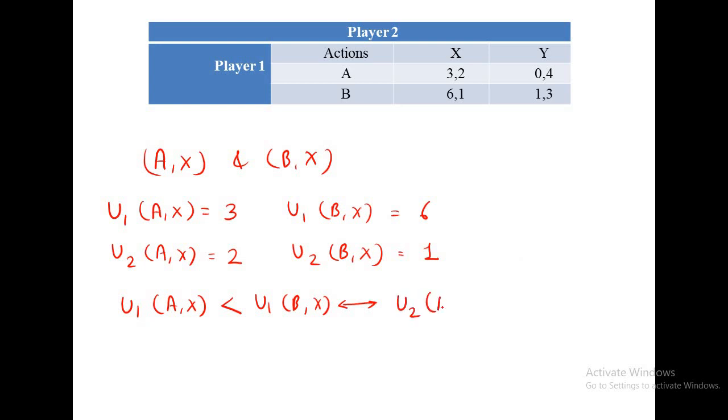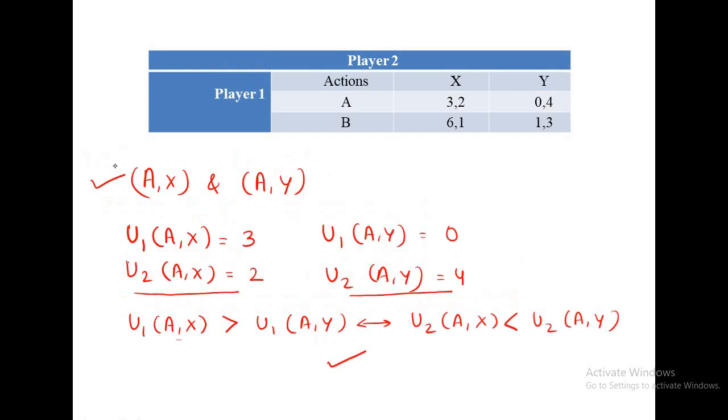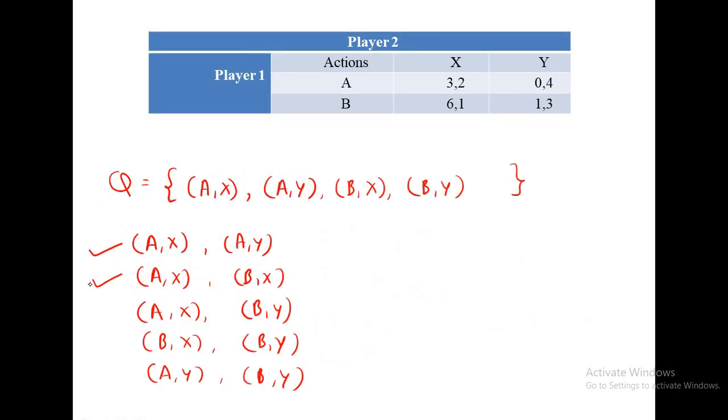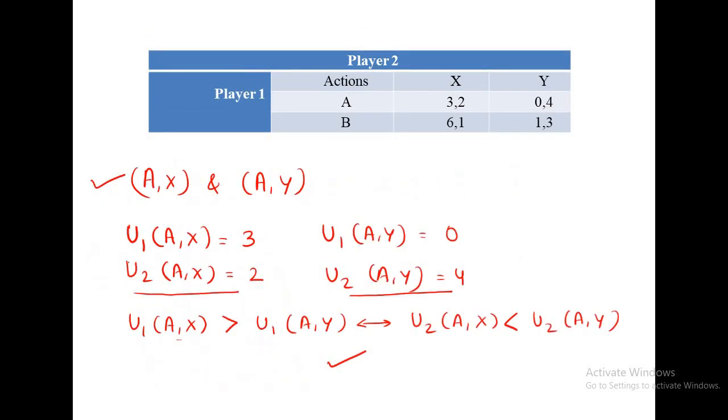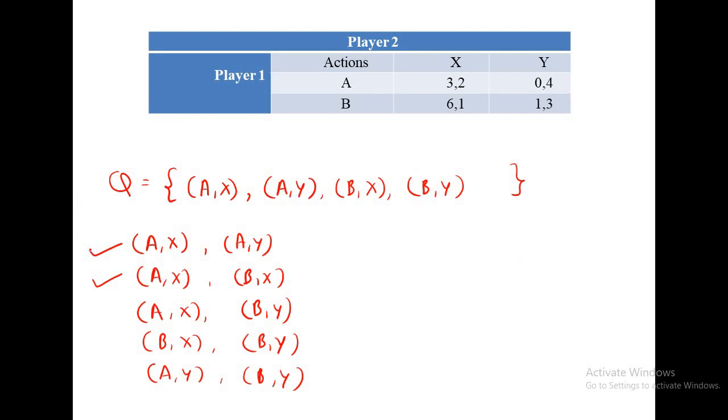U2 AX should be greater than U2 BX, and you can see here that U2 AX is greater than U2 BX. So this condition is true for this pair AX and BX.